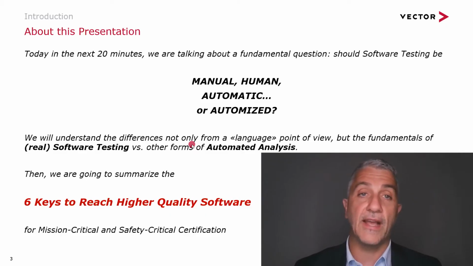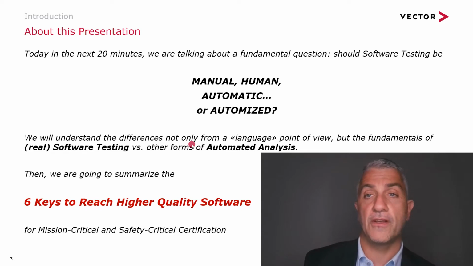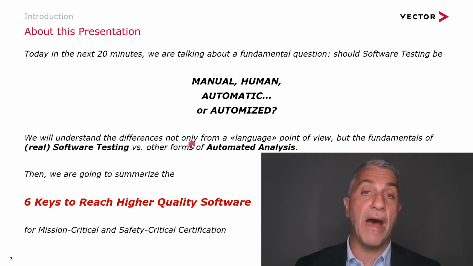And today my speech will be about software testing, human or automatic activities: 6 keys to higher quality software. In the next 20 minutes, we are talking about a fundamental question: if software testing should be a manual, a human, or automatic activity.